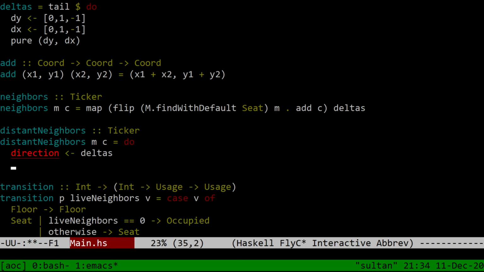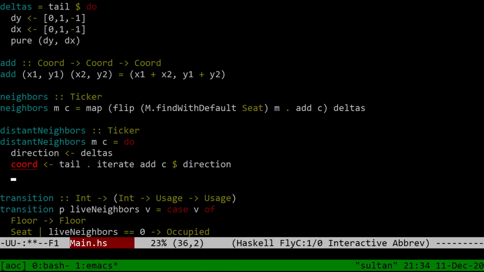Let's choose a direction to walk in. And then we want positions. Well, we're calling these coords, right? So coord is tail, iterate, add C of direction.